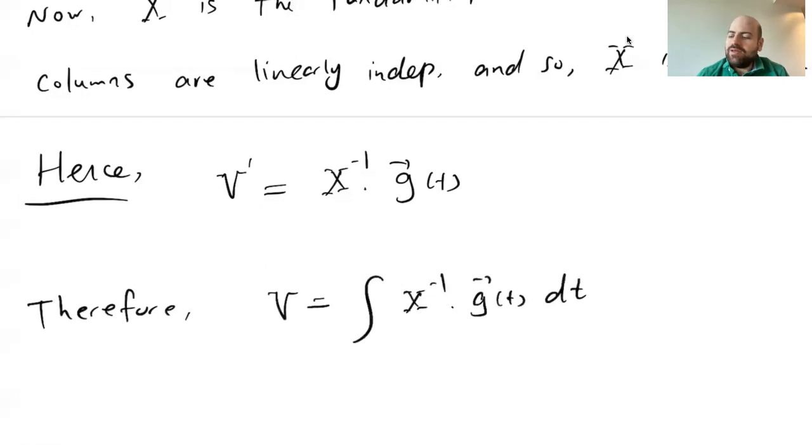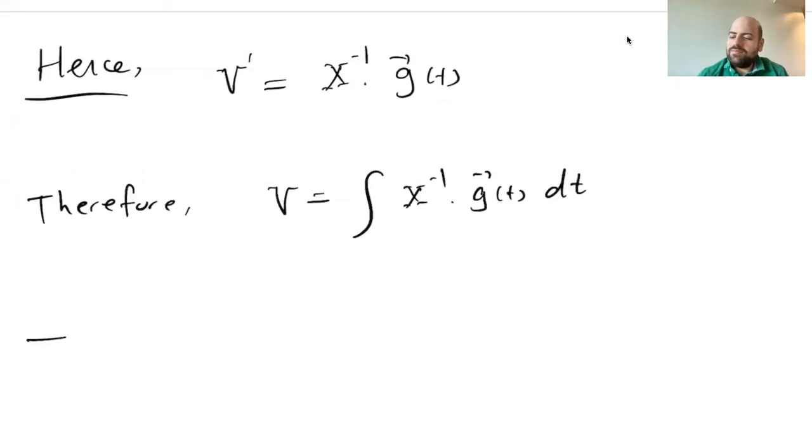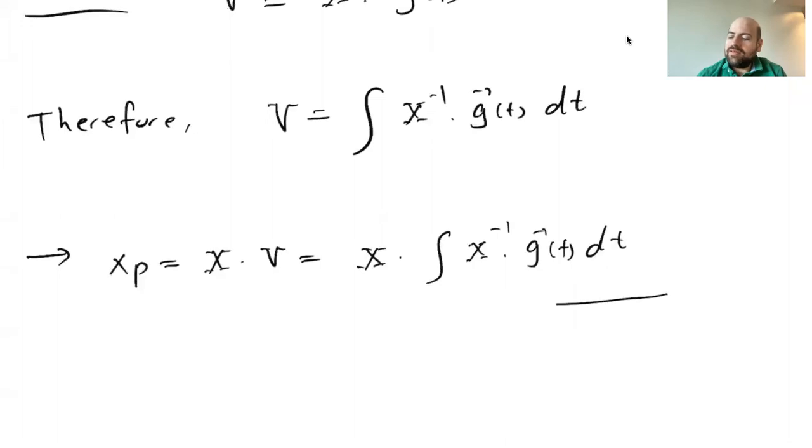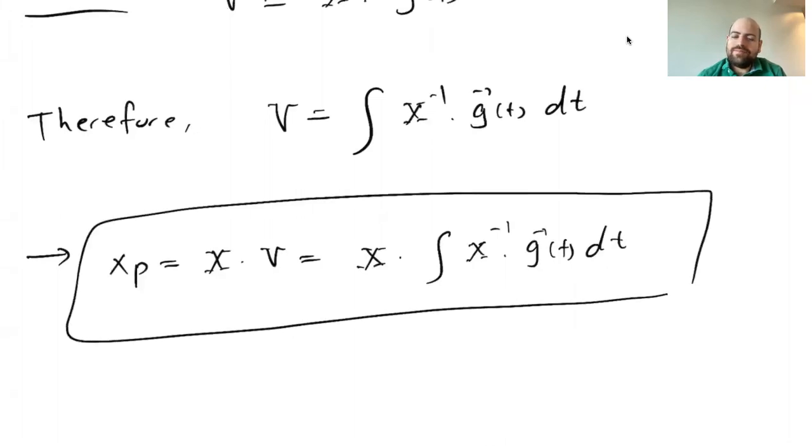So XP will be equal to XV, which can be written as X times the integral of X inverse G of T dt. So this is a particular solution.